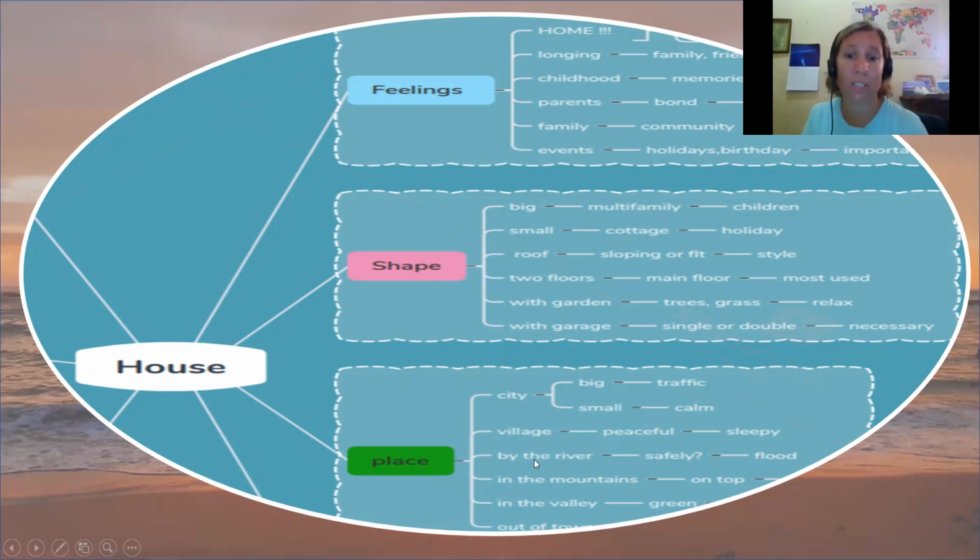Maybe I want to live by the river. But what happens if there's a flood? That could cause problems and it might not be too safe. So maybe it's better to live in the mountains. Okay, so it's a way for you to take your ideas and use them to hopefully start flowing in your speech too.